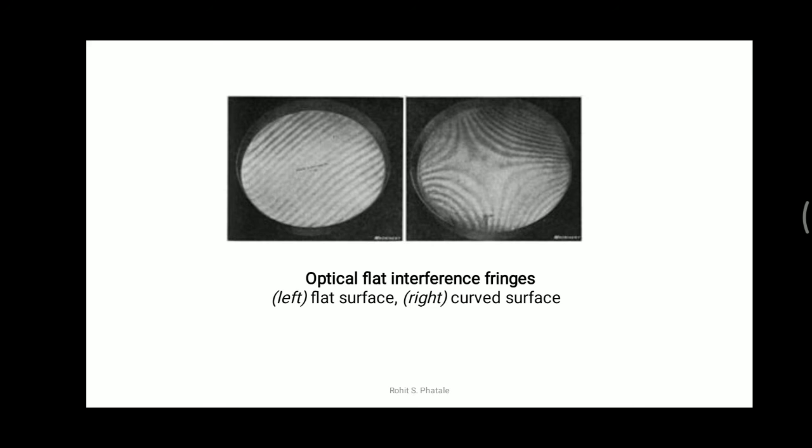If the curved surface is there, or the slip gauge is a little bit curved because of some process, or because of the operation, or because of use of that slip gauge, then we will see this type of fringe pattern on the glass plate reflector. So these are two photographs: the first shows the slip gauge is perfectly flat, and the second shows the slip gauge has some curved surface.